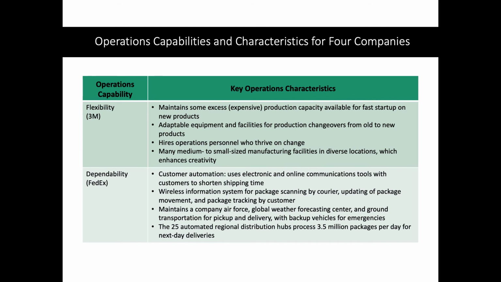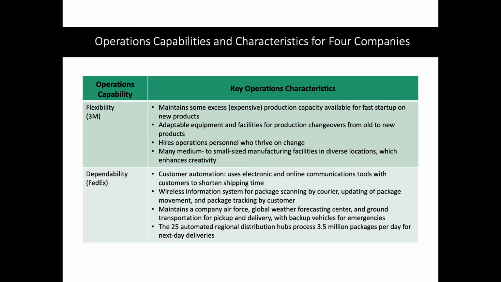They hire operations personnel who thrive on change, people in production who really like the idea of not doing the same thing in mass quantities, but doing different things in the production cycle. So even the personality and preferences of staff help to drive their strategy.